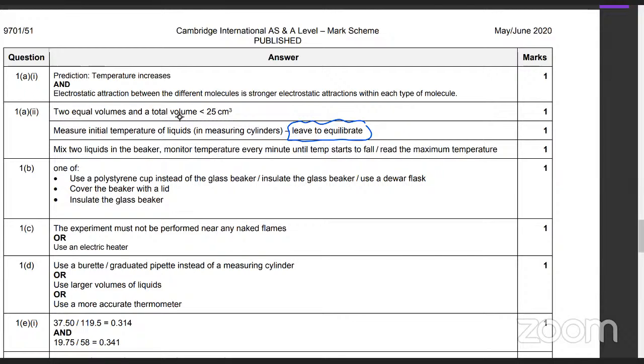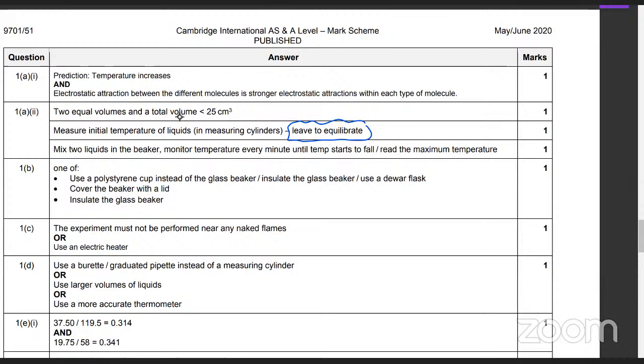I think that is missing, because when you try to measure the initial temperature, the method should have included that. Wait for a while until you've got a stable initial temperature, or until it stops changing. Equilibrate means that it reaches an equilibrium, because maybe your liquids are slightly higher or slightly lower than room temperature, so their initial temperature would be changing. So you have to ensure initially.